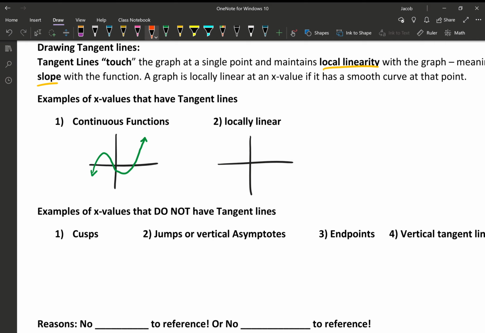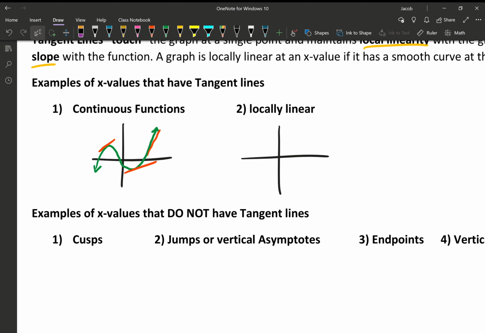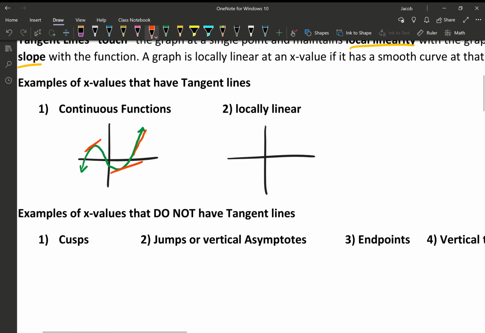You can draw a tangent line that is going to match the slope of any point on this graph. And we can see that this function has no breaks in it, so it's not discontinuous. And not only is this green function I've drawn continuous, but it's also locally linear. So I wanted to draw a polynomial there for you.